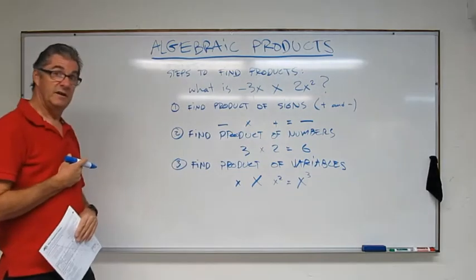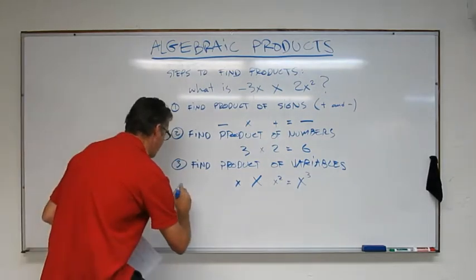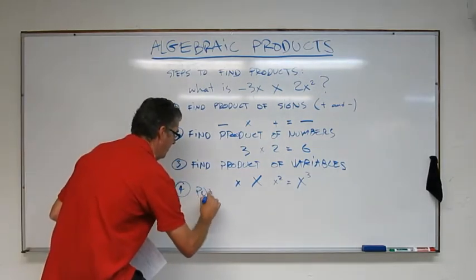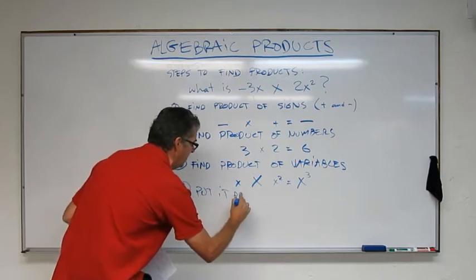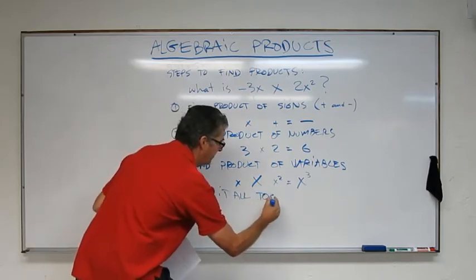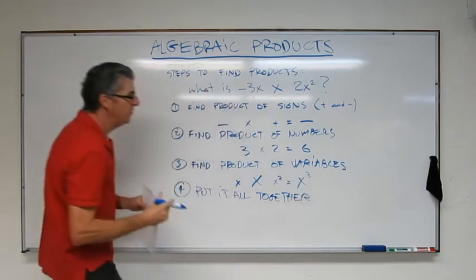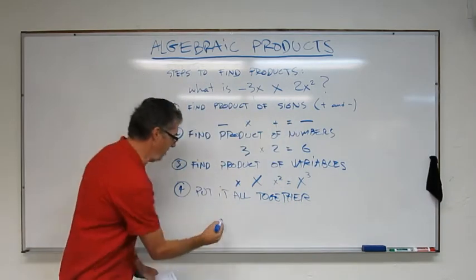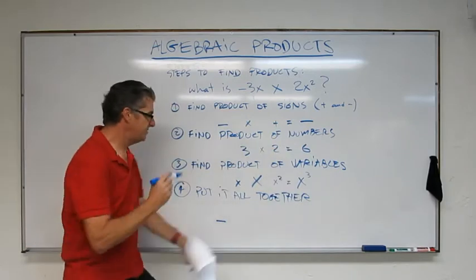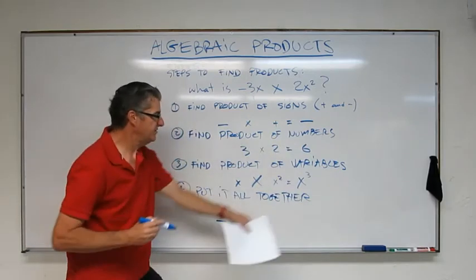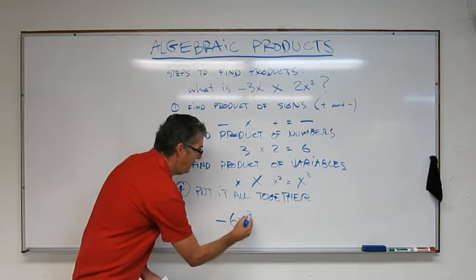Okay? Now the last step is put it all together. So I have a minus from step 1, I have a 6 from step 2, and I have an x cubed from step 3. Bam.